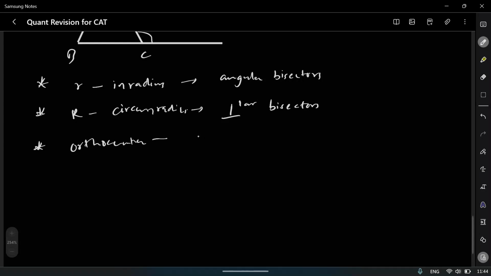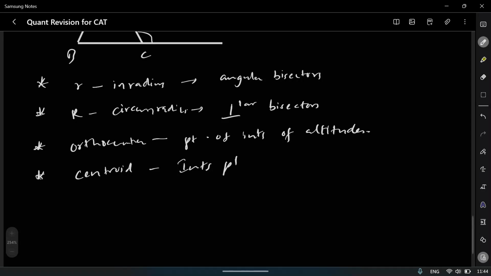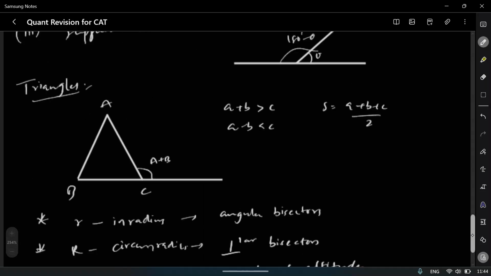Orthocenter is the point of intersection of altitudes. Centroid is the intersection point of medians. So these are the important terminologies which you have to remember.